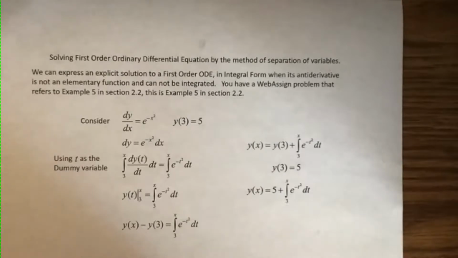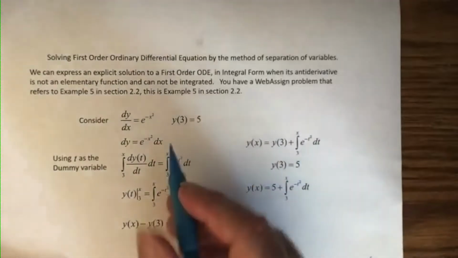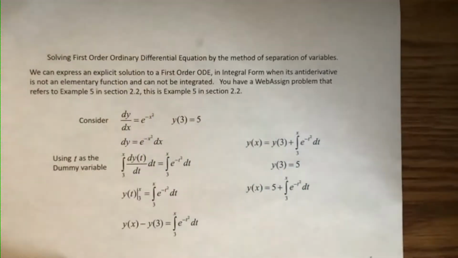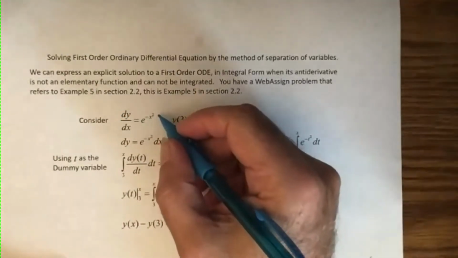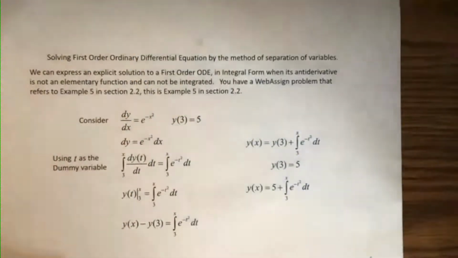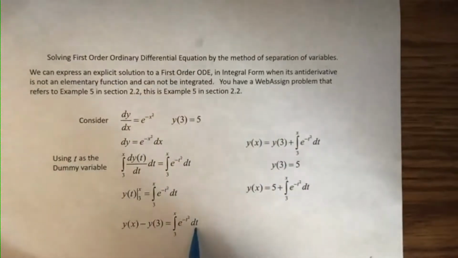But I just want you to be aware that sometimes you can use the method of separation of variables, but you may get an integral that you can't integrate, like e to the x squared. There is a way of doing the definite integral, but this is an impossible indefinite integral to do. So you could leave it in integral form.